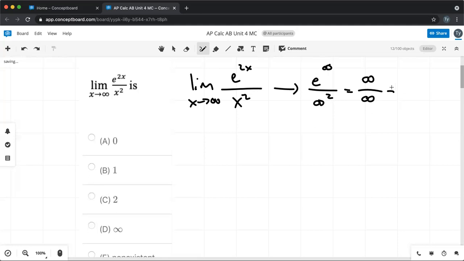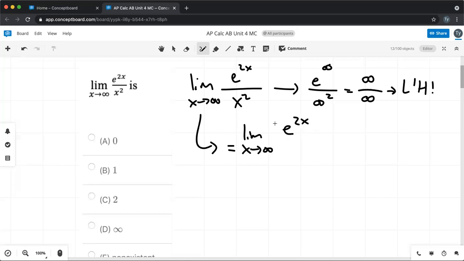And L'Hopital's rule, right, we take the derivative of the top and the derivative of the bottom, and that is equal to this original limit. So this limit by L'Hopital's rule is equal to the limit as x approaches infinity of, well, the derivative of e to the something is itself, but we need the chain rule because this is not just an x.